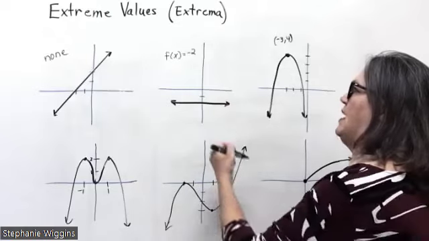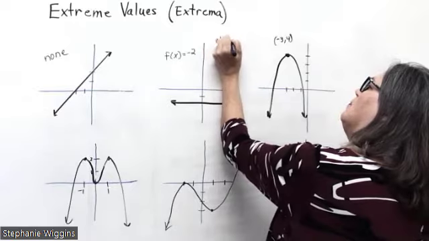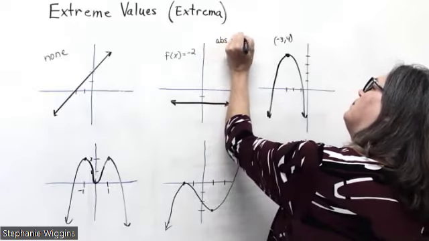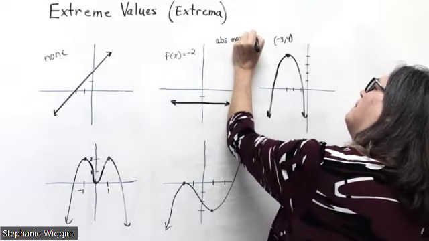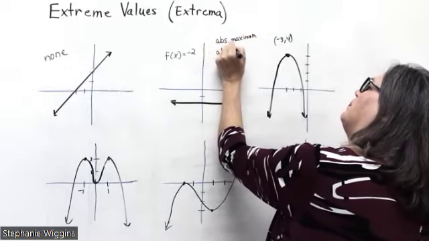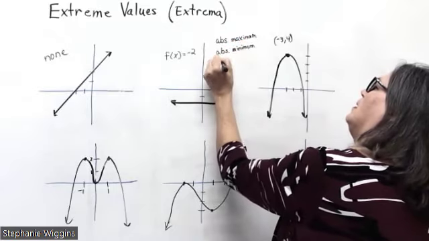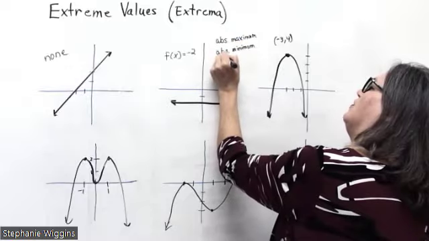So that's the interesting case here. So we would say the absolute maximum and the absolute minimum both are -2.